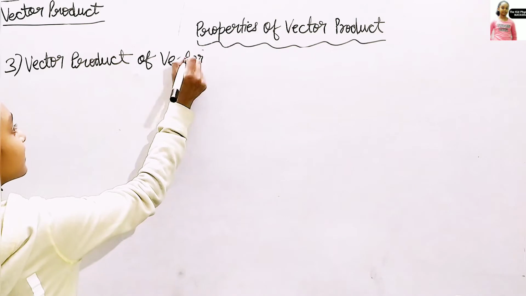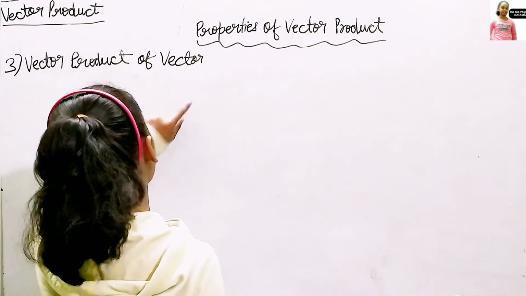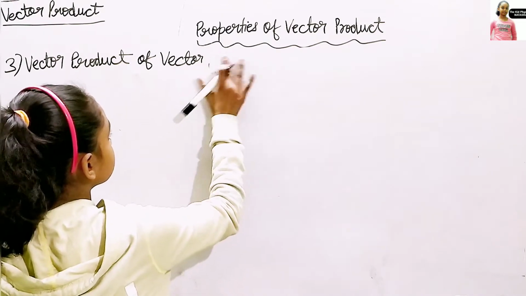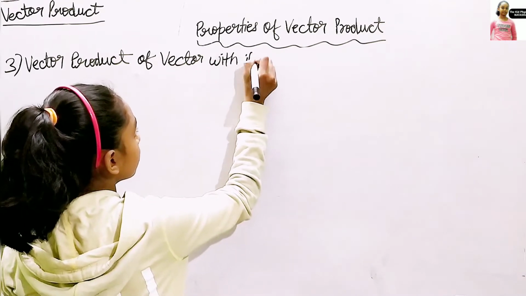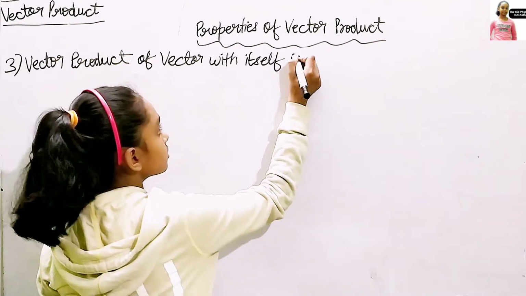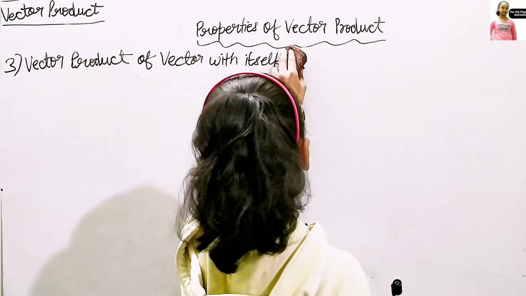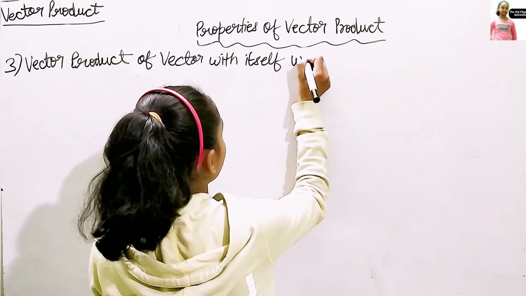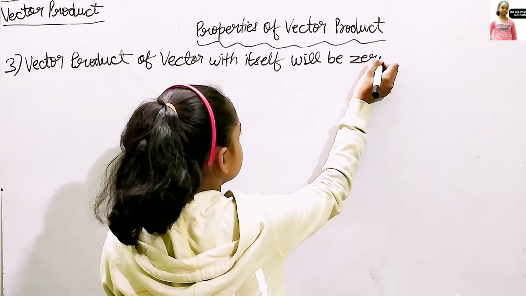So cross product of a vector with itself will be 0.